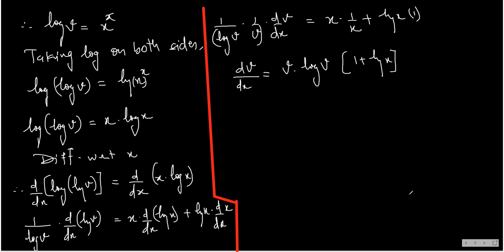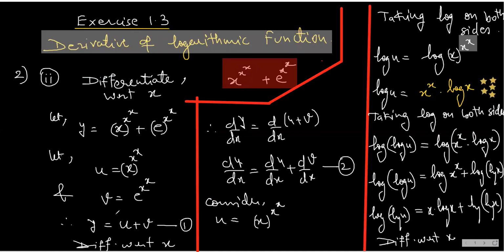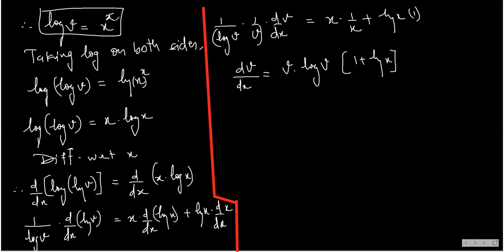Now we substitute for v. What is v? v is e raised to x, and log v is x raised to x.